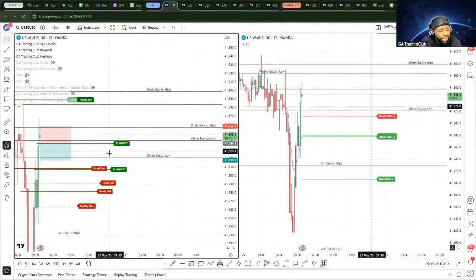We did have these bearish ones at the top. So this one was pretty close as well.